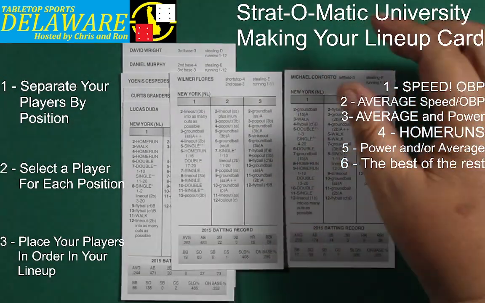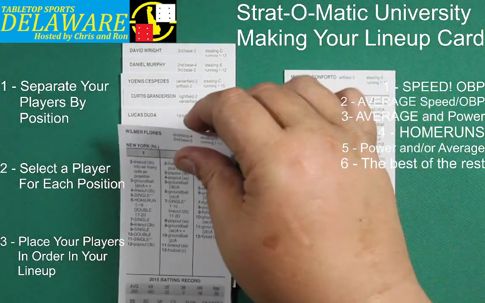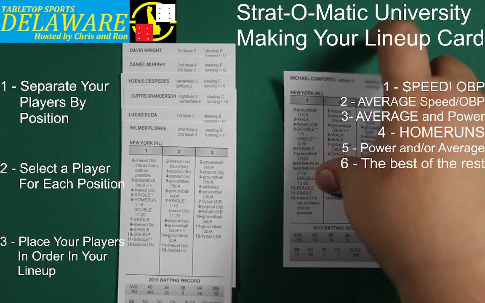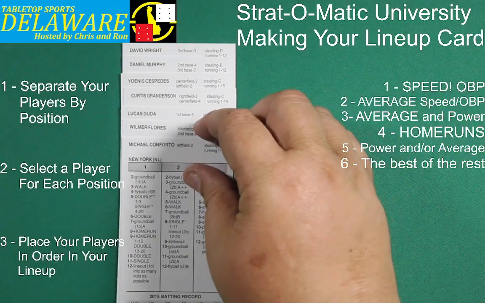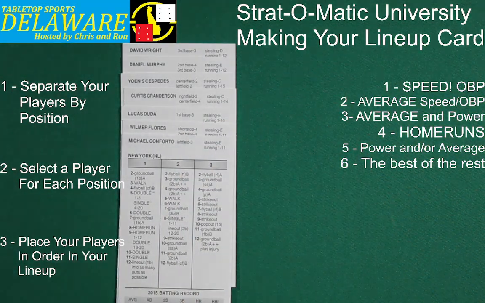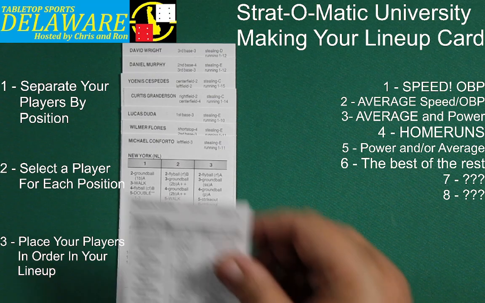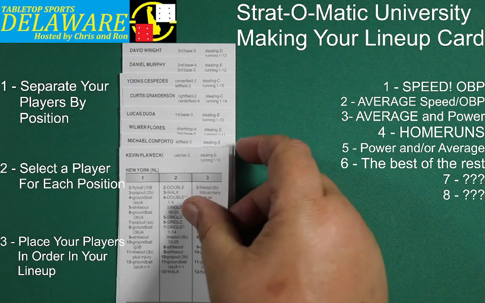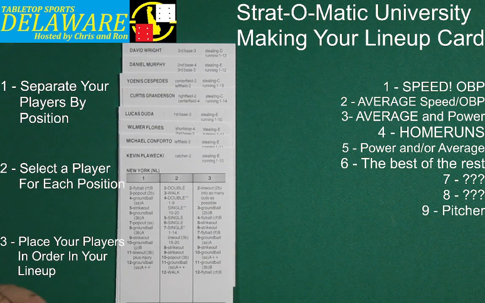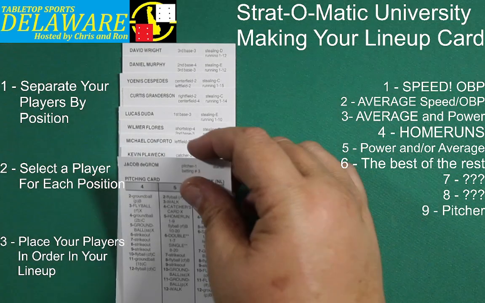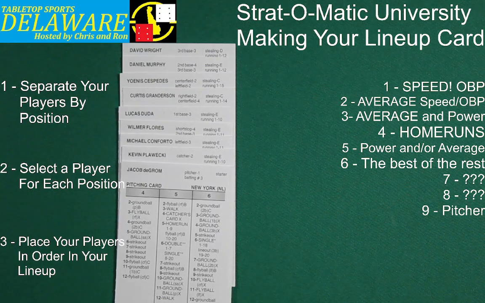Slugging. I think we would do that. I think we'll put Flores in 6th and Michael Conforto in 7th. And that's going to leave us Kevin Plawecki in 8th. Whoever you decide to put there is totally fine. And then 9th is going to be the pitcher, which will be Jacob deGrom.